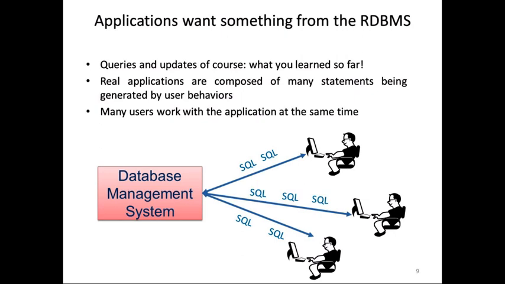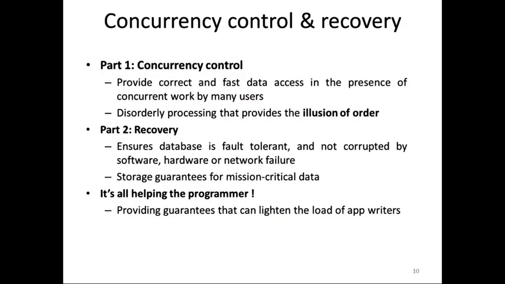And these will be the only kind of operations that the database understands in the end, read and write operations on records. And in this setting, there are two crucial roles of a relational database management system: concurrency control and recovery from crashes.